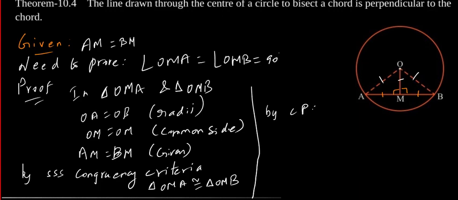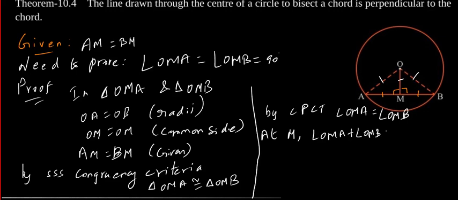By CPCT, we can say angle OMA equal to angle OMB. So at point M, angle OMA plus angle OMB equal to 180 degrees.